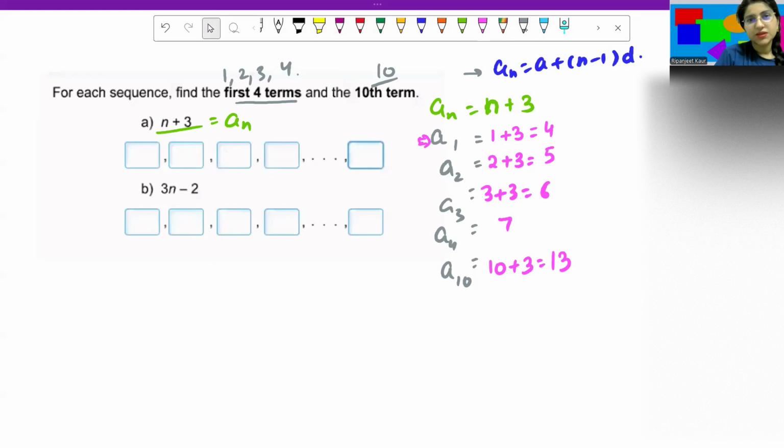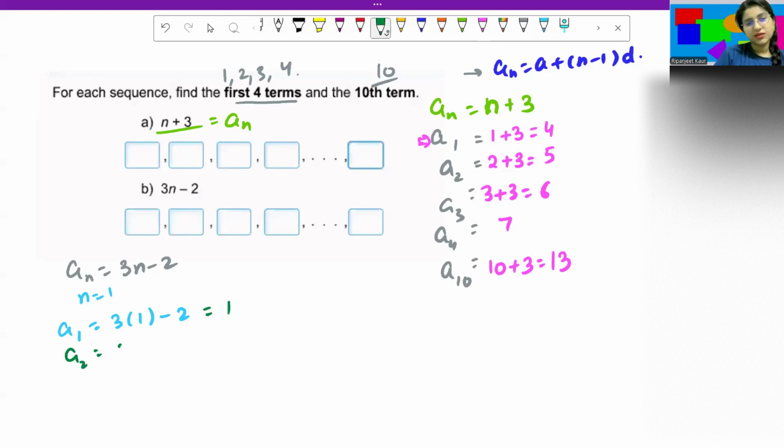Let's go with that. So in this, an is equal to 3n minus 2, right? So now plug in n equal to 1. That means a1 is 3 times 1 minus 2. What is the answer? 1. A2 is 3 times 2 minus 2. What is the answer? 4. A3 is 3 times 3 minus 2.